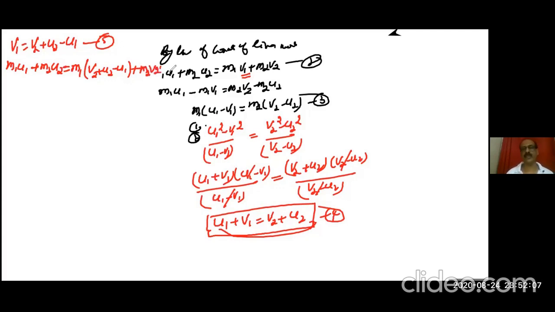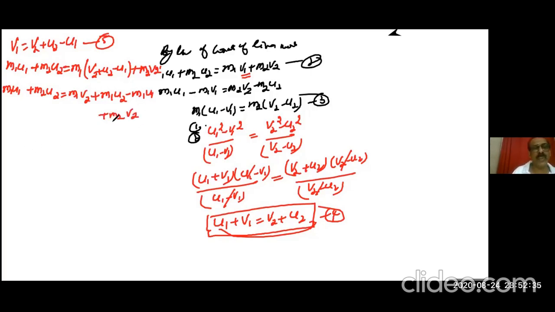We have substituted. Now open the bracket. M1 U1 plus M2 U2 is equal to M1 V2 plus M1 U2 minus M1 U1 plus M2 V2.